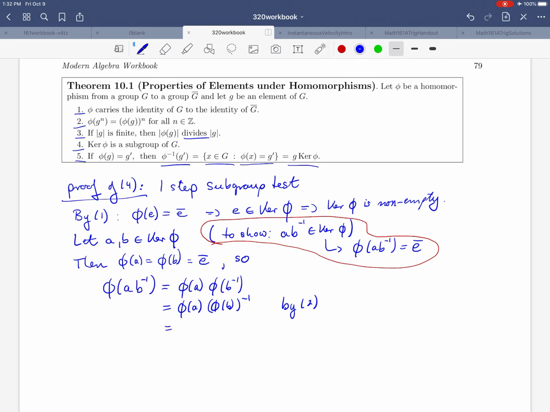Now phi of a: a is in the kernel, so phi of a is e bar. And phi of b is also e bar, so we have e bar inverse, but e bar inverse is the identity itself. So that is just the identity in G bar, e bar. And that shows that a b inverse is in the kernel of phi, and so we've shown that the kernel of phi is a subgroup of G.